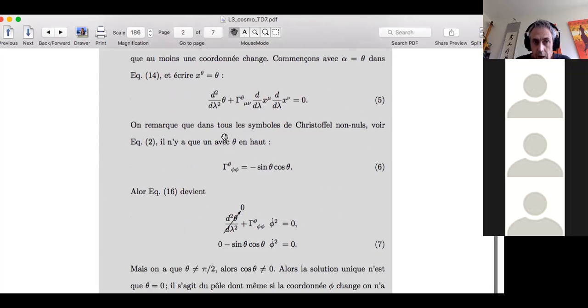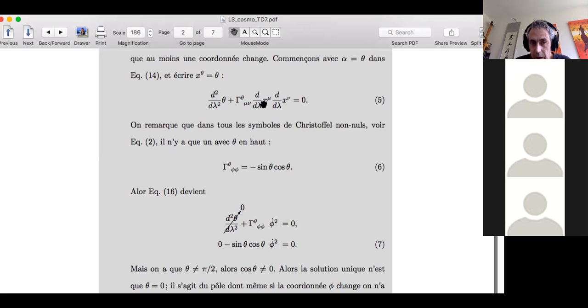So we have d squared theta d lambda squared, plus this particular Christoffel symbol, the only one that was non-zero, times the corresponding x phi, because the mu corresponds to the mu here.